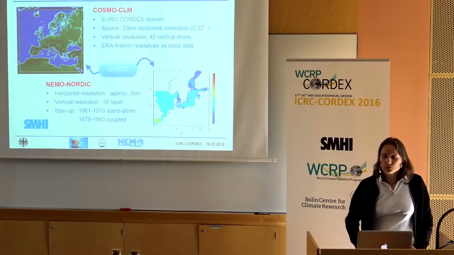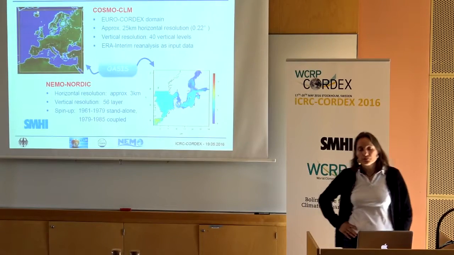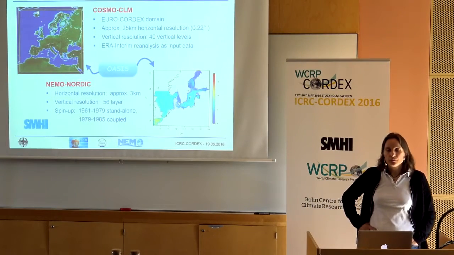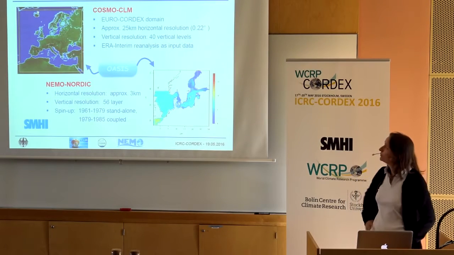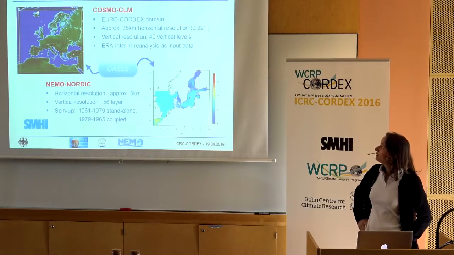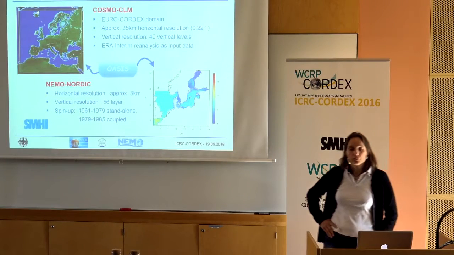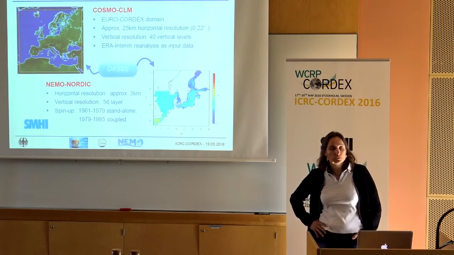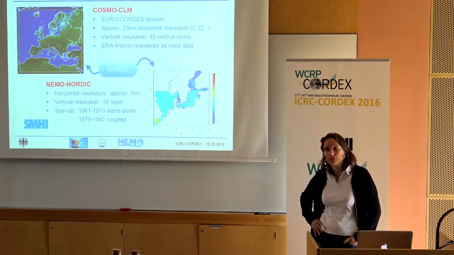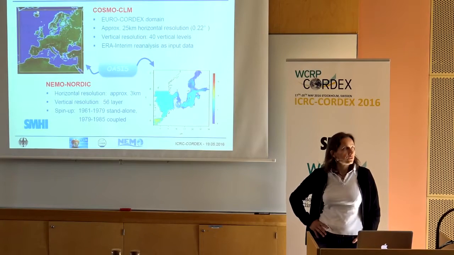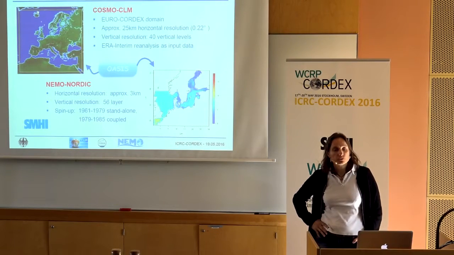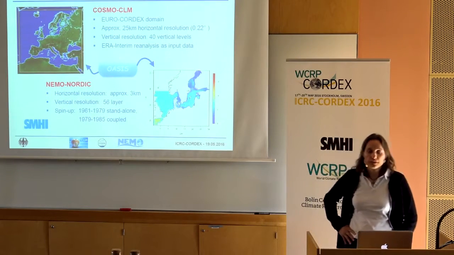So what we use to study these events over the Baltic Sea is a coupled ocean-atmosphere model, and the atmosphere model we're using is COSMO-CLM. This is a climate version of the numerical weather forecast model COSMO, and we employ it for the CORDEX domain with 25-kilometer resolution, and the vertical resolution is 40 levels.